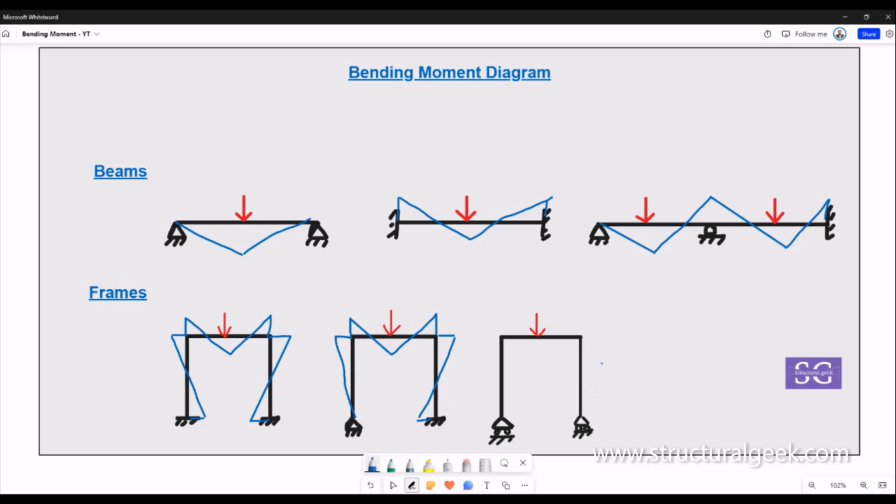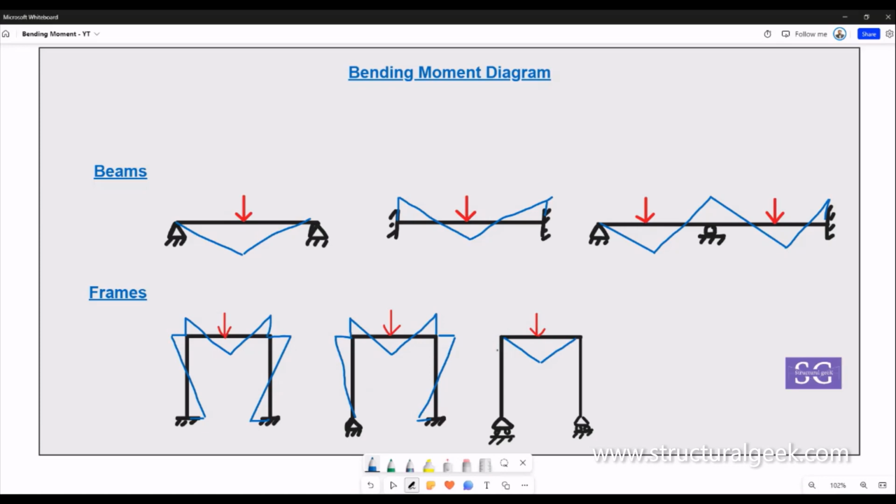Now let's take the last example that we are taking, of a completely pinned support. In fact, the supports at the bottom are rollers, so they cannot support any horizontal reactions. It will be quite interesting to know that this will actually behave something like this. This cannot take any moment at the support.